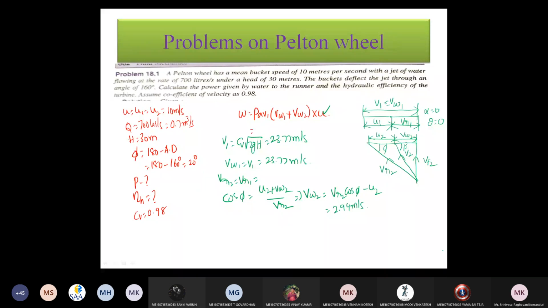Then the work done value. Any other values for VW2?